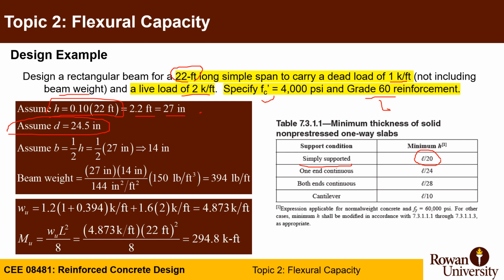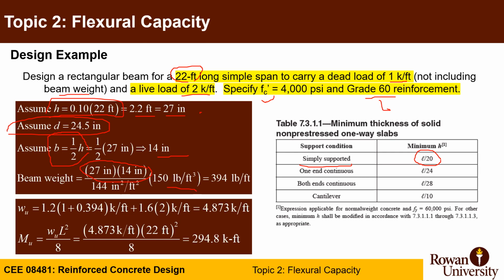I always prefer to use B equal to H divided by 2, that gives you 14 inches. Now we can calculate the weight of the beam as we learned from topic number 1. It's the cross-section area in square inches divided by 144 to convert it to square feet. So 27 by 14 divided by 144 and times 150, which is the unit weight of concrete in pounds per cubic foot.